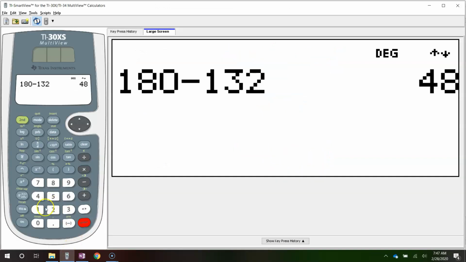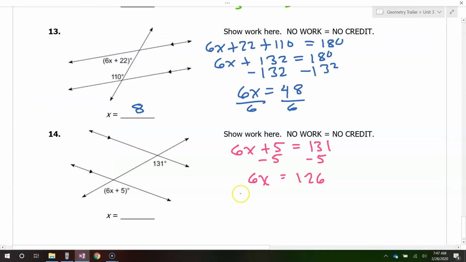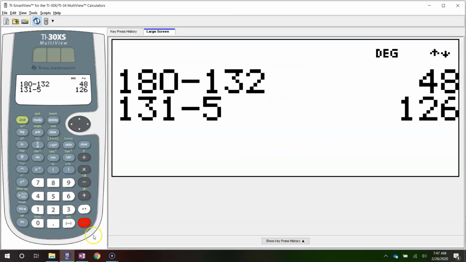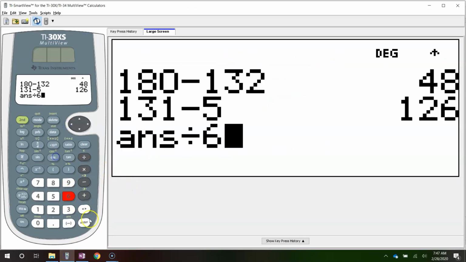Because obviously I'm just doing 131 minus 5. But then I have to divide both sides by 6. And that's 21.